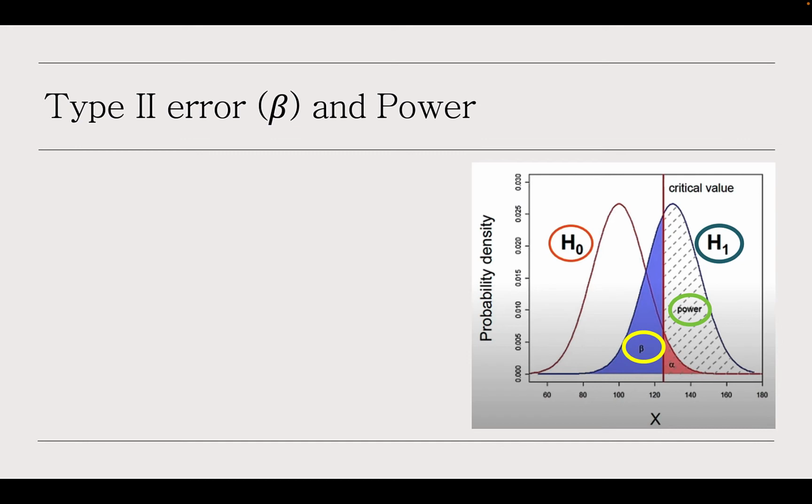Okay, what about type 2 errors, often referred to as beta, and power? This is something that wasn't discussed much in EDRM 705. We talked briefly about comparing type 1 and type 2 errors, but a type 2 error is the failure to reject a false null hypothesis. Again, we didn't detect an effect, but an effect is really there.